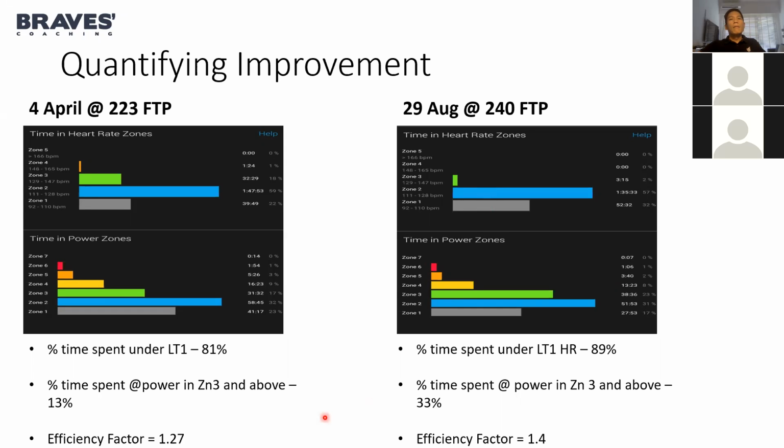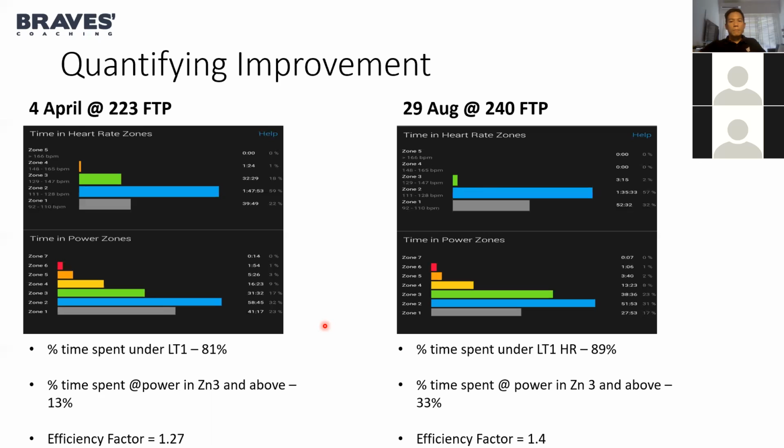Okay, however, if we look at the power distribution, the time spent in zone 3 and above was 33%. And in this ride, the time spent in zone 3 and above is only 13%. Okay, so there's the proof. This is why it's important to compare different rides and different phases of your training, right? So obviously, this capping, this LIT training, polarized, is working.